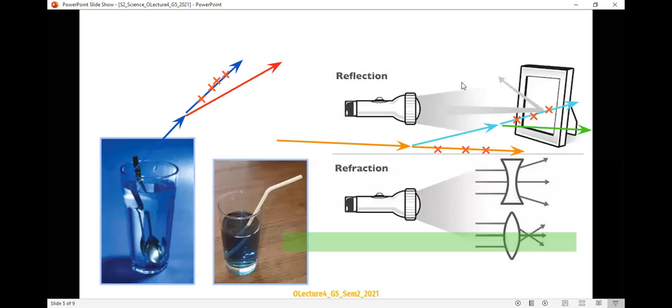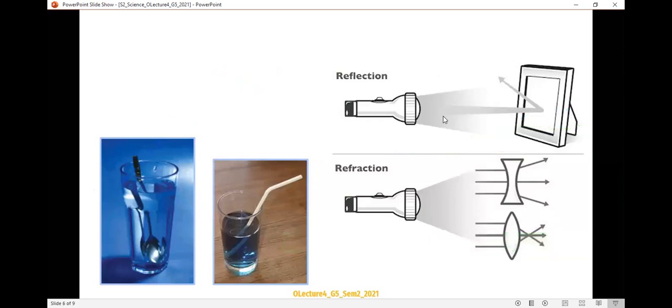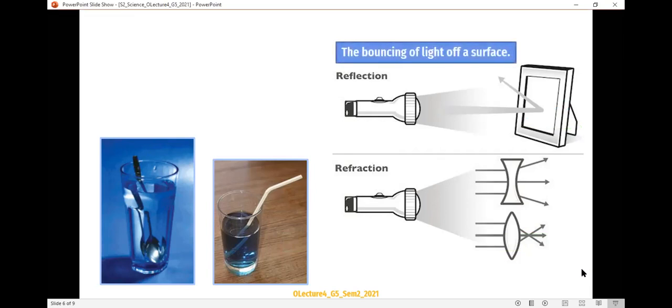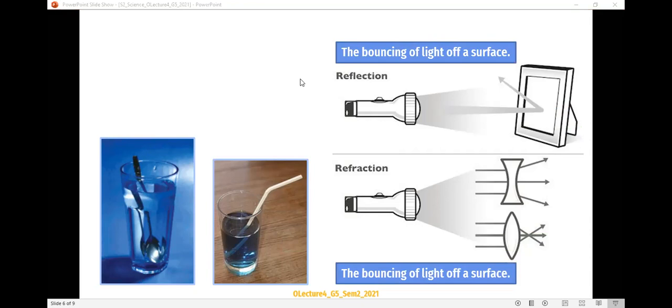Okay, before I use another picture, let me tell you that Miss Fatin made a mistake. So when you watch the science video, pay attention that yes, reflection is when light bounces off a surface. So a light ray comes on the mirror and then it bounces off. This is correct. What about refraction?